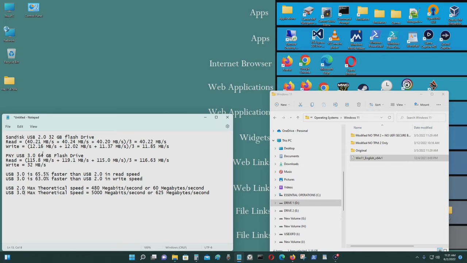That is, a USB 3.0 flash drive could theoretically transfer speeds as high as 625 megabytes per second. It definitely does have the bandwidth for that, but the drive itself is only capable of 116.63 megabytes per second in terms of read speed.